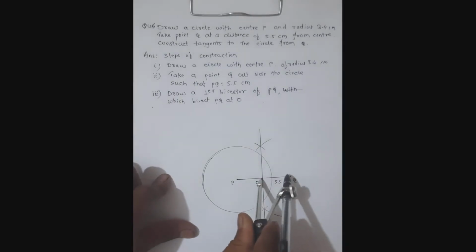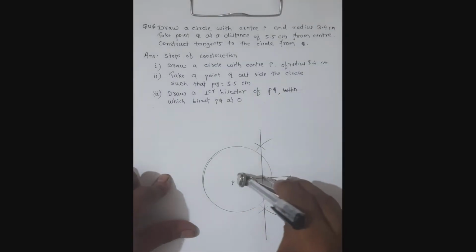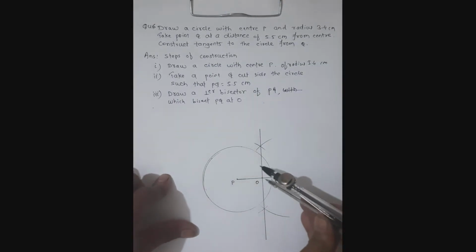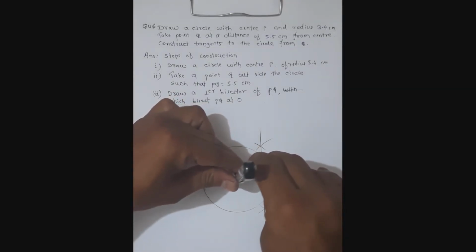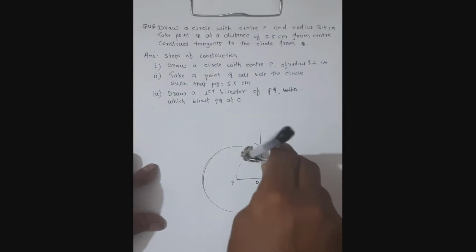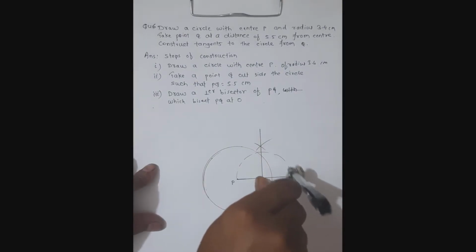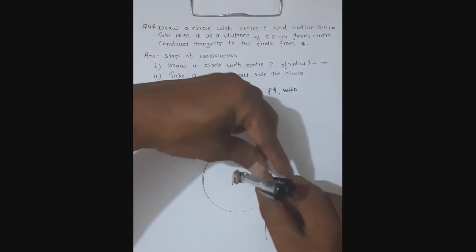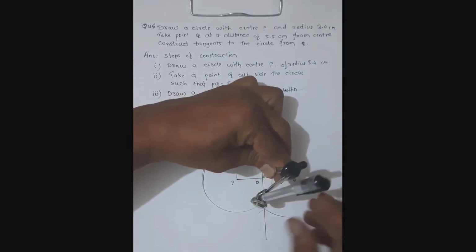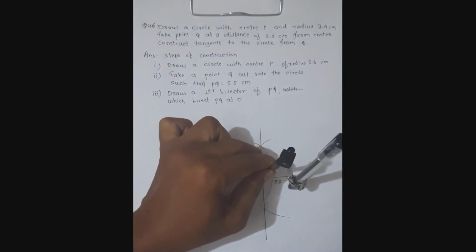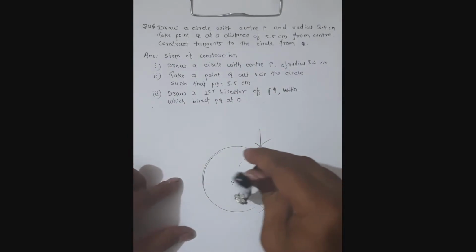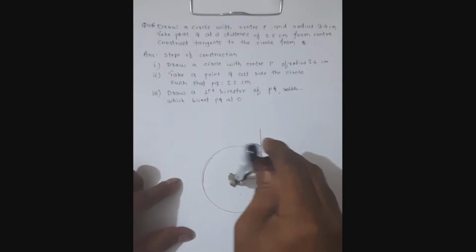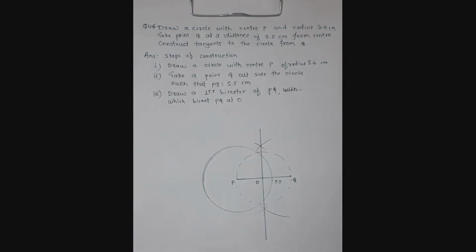So OP and OQ are the radius, so we mark it here, and with the help of this radius we draw a new circle, and this new circle intersects the circle having radius 3.4 at points.